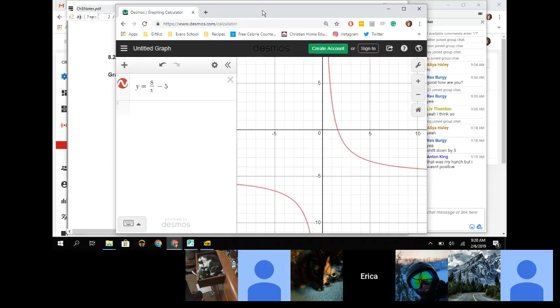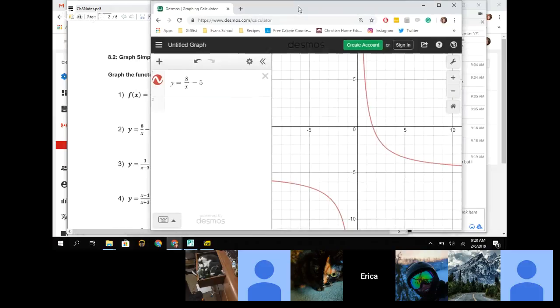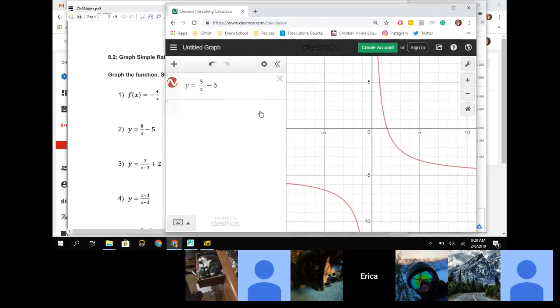Okay. Perfect, Anton. So let's really quickly, what would the domain and range be? The domain has all the values except x cannot equal 0.